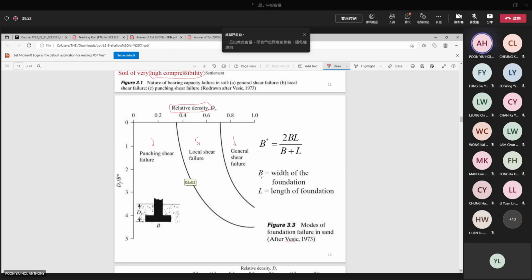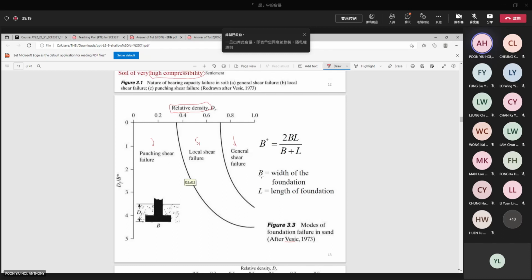So in your design, before you apply the theory to it, first of all you have to understand what mode the foundation will fail. If the soil is very soft, then you need to use this type of method.